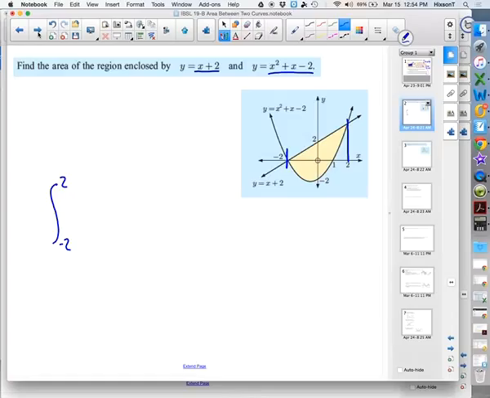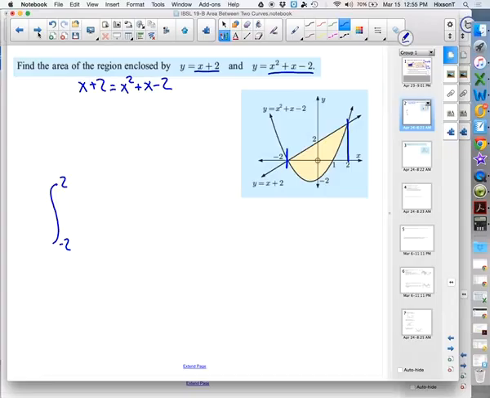Find the zeros. Critical value. I mean, you could graph it. It's not too hard to graph a parabola. No. But how do we find where two things intersect? Make them equal to each other. There we go. x plus 2 equals x squared plus x minus 2.